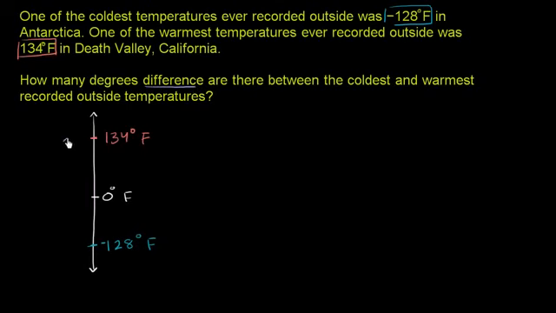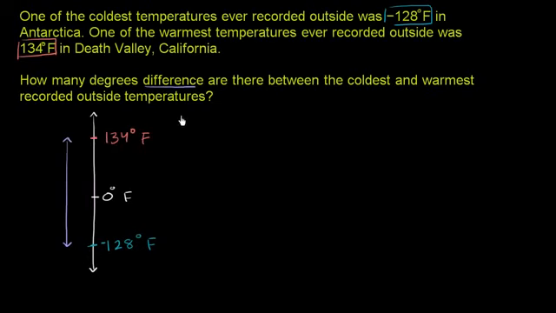they're essentially saying, well, what is this distance between the coldest and the warmest? What is this distance? And there's a couple of ways you could think about it. You could say, hey, if I started at the coldest temperature and I wanted to go all the way up to the warmest, how much would I have to add? Or you could say, well, what's the difference between the coldest and the warmest?